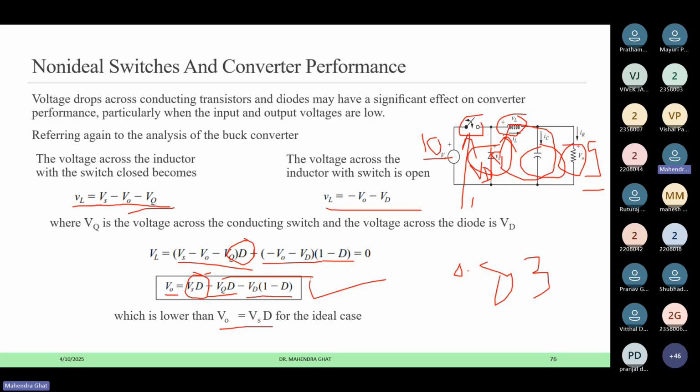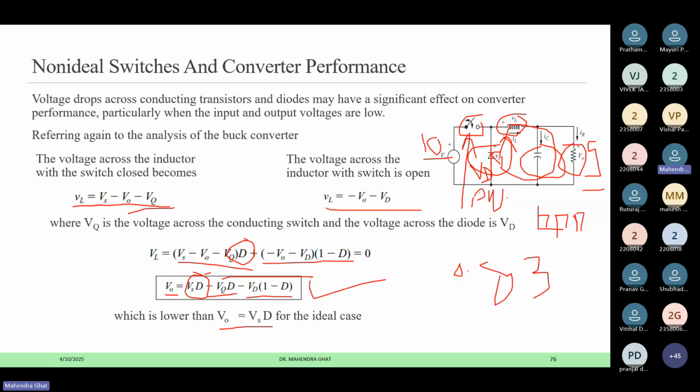So PWM generation, you can just search. You will get different options. One simple option is an oscillator, actually I forgot the name. Some oscillator is there which will give different frequency PWM.